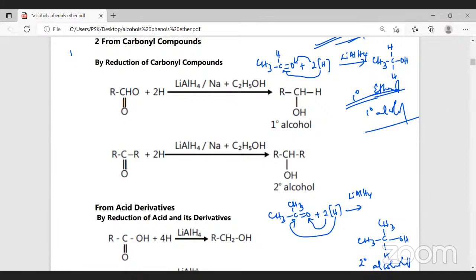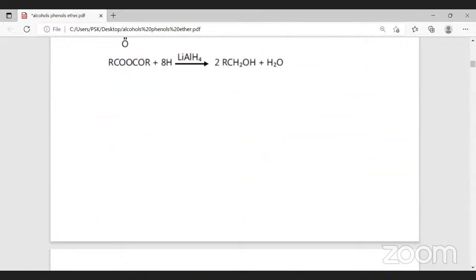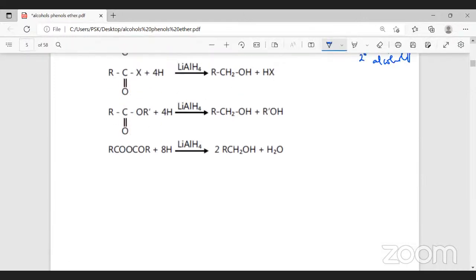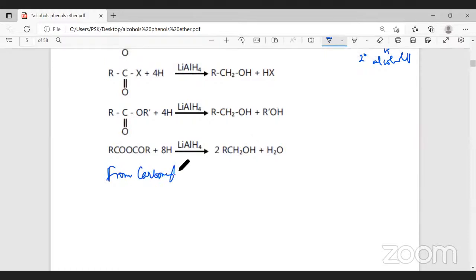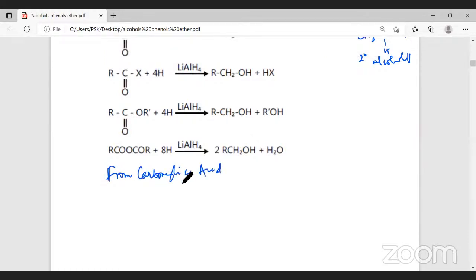Yes, sir. The next one, and we will stop with the third method of preparation, that is from carboxylic acid. A carboxylic acid is also a carbonyl compound. The general formula is RCOOH, and the actual structure is R-C double bond O with OH.